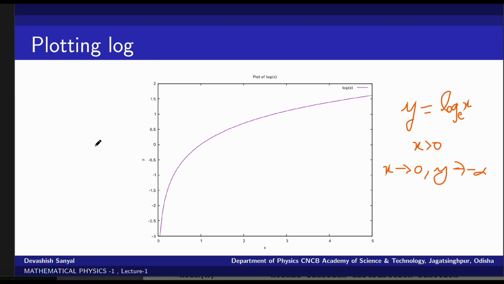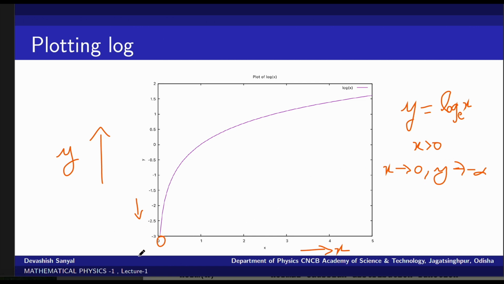So this is my y axis and this is my x axis. Here you have the 0 on the x axis, and as you go from top to bottom, y becomes more and more negative. So you can see there is a divergence here.